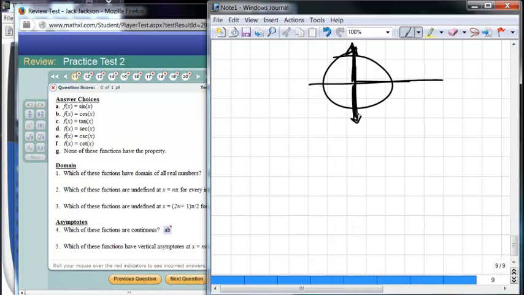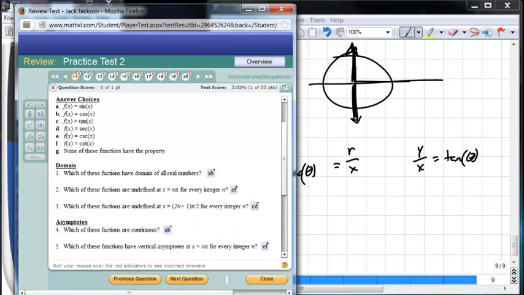Which ones are those going to be? Those are going to be r over x or y over x. Well, y over x is tangent of theta. R over x is secant of theta. So secant and tangent are the ones that are undefined there. So that's D and C. So CD should be what they wrote there.